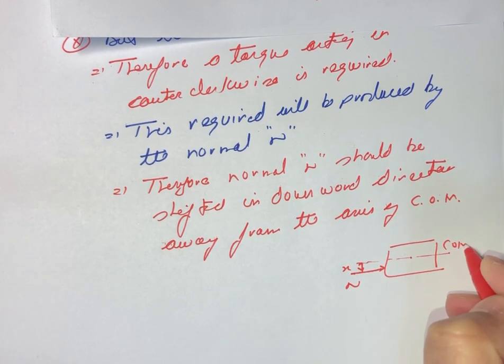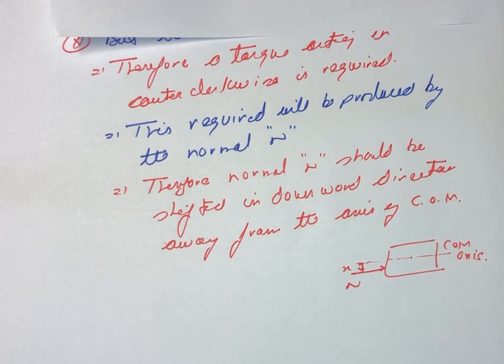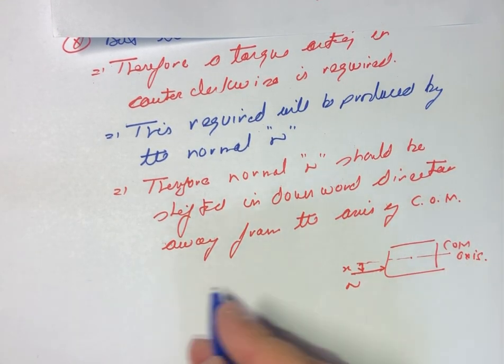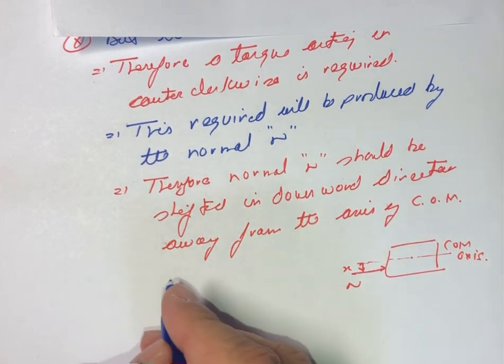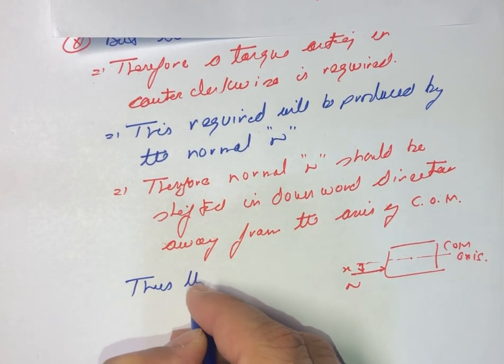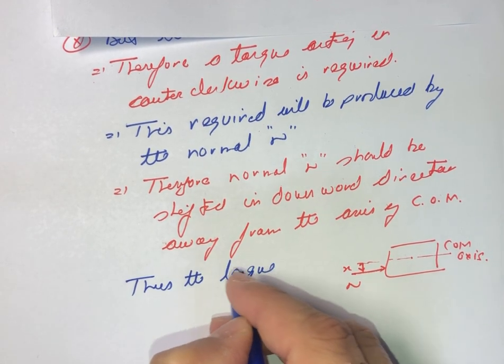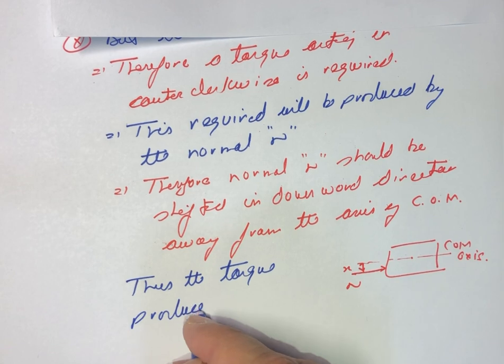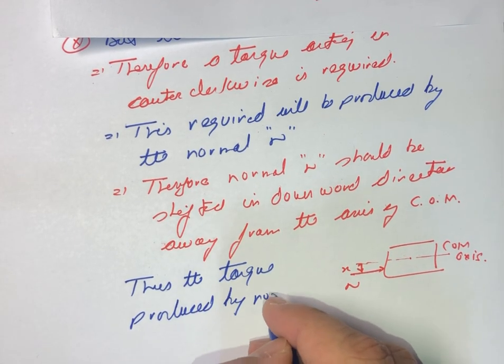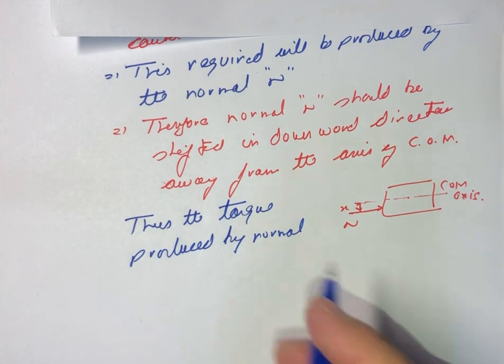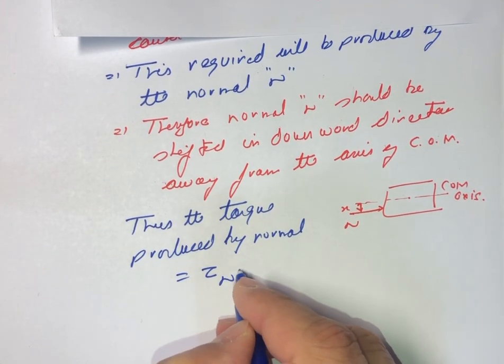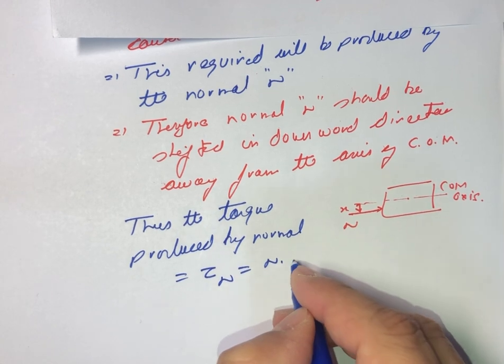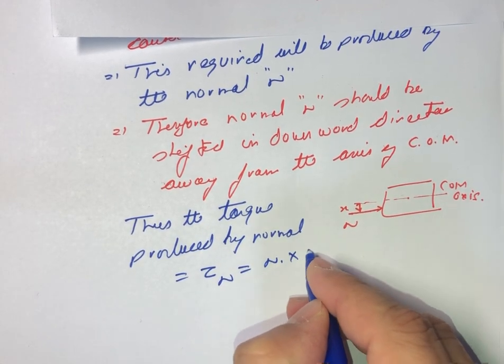So from here we can say that the torque produced by normal, which is given as tau n, will be equal to normal multiplied with the perpendicular distance, which is x.